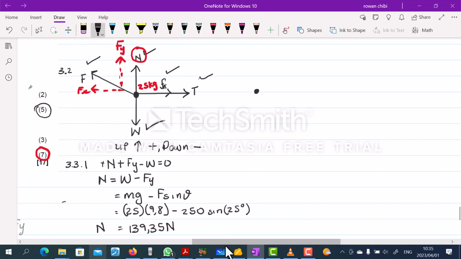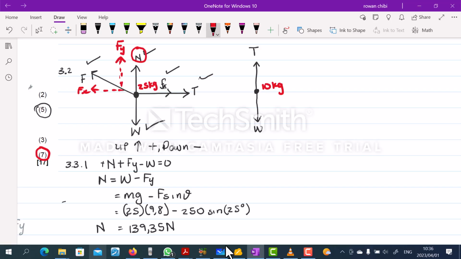So this is the free body diagram for 10 kg. It has the weight, and then it has the normal force. The tension. Yeah, so now we have to find the acceleration of these two blocks. So this is your 10 kg block.